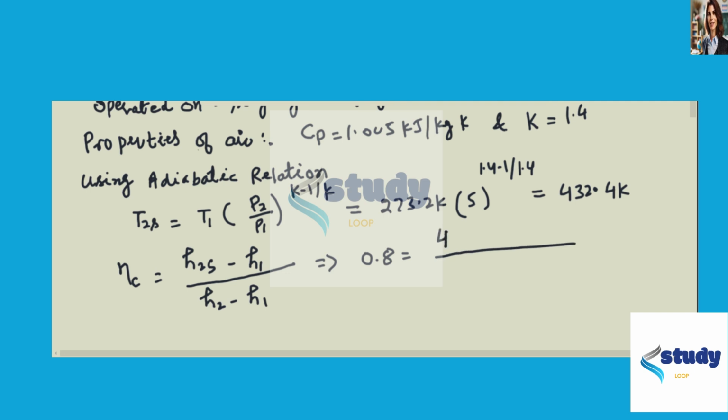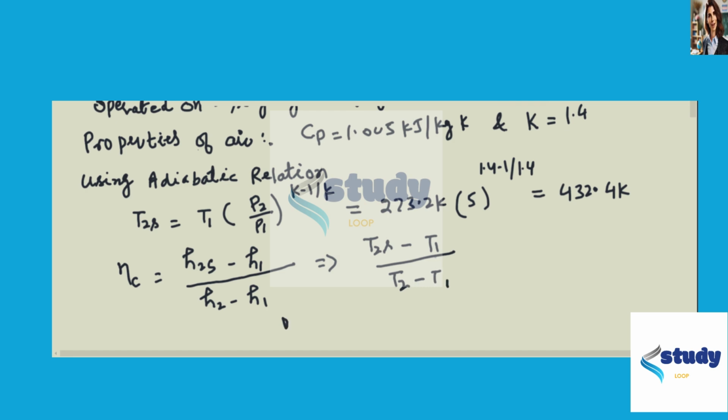Let me convert it into temperature relation. So it can be written as T2s minus T1 upon T2 minus T1.